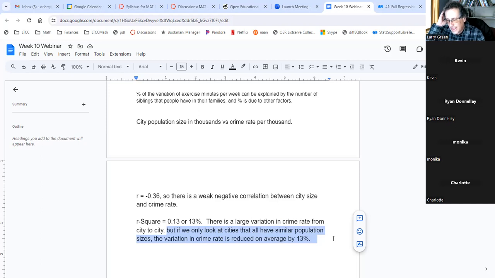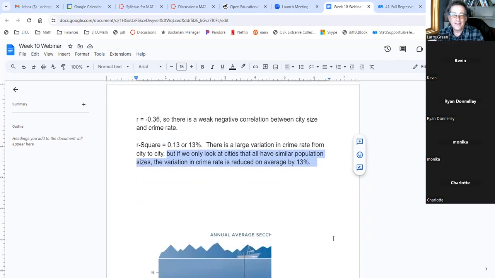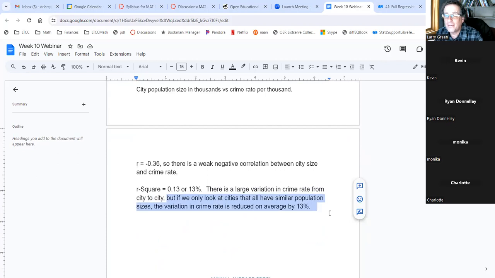So we can think of 13% of the knowledge of crime as coming from knowing how big the city is. And the other 87% will come from other things. What other things might be important for crime rate?